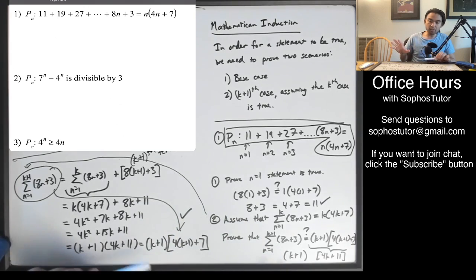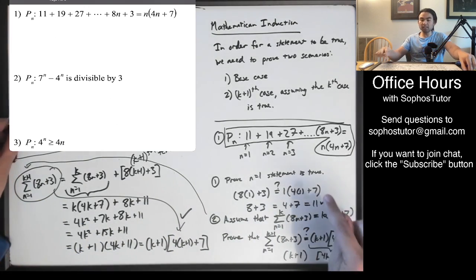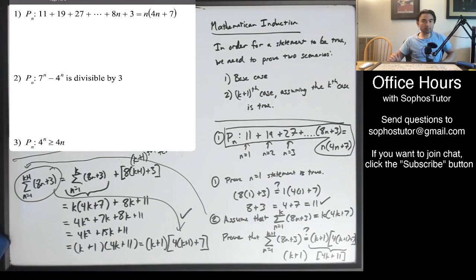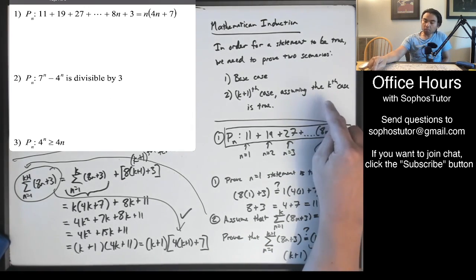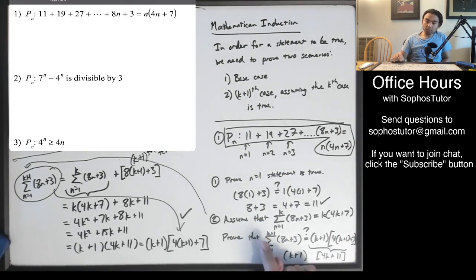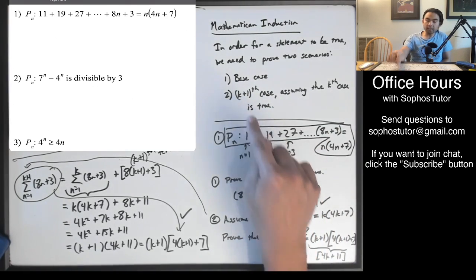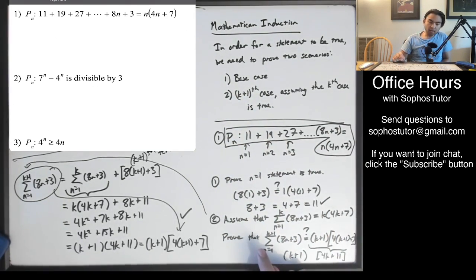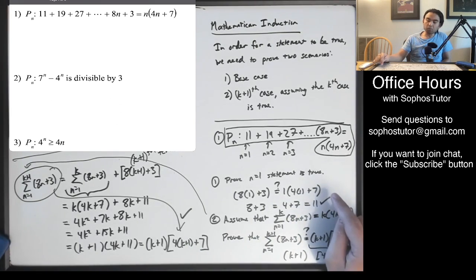So I get that it feels really confusing, especially the second part, trying to prove the k plus 1th case. Some tips I would provide: when you are breaking down the k plus 1th term, you want to see if you can substitute in the assumption.